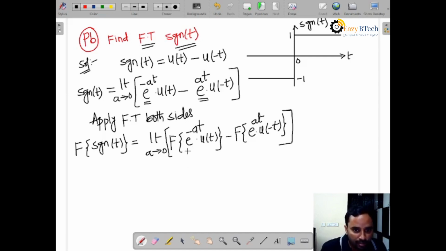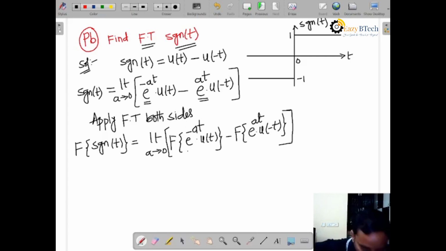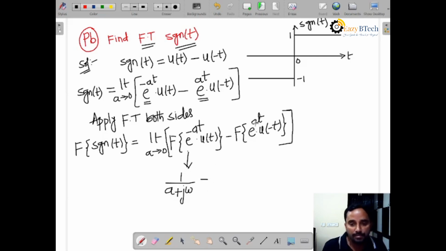So already we know this, in the previous session we have done it. What is the Fourier transform of e power minus at u of t? 1 by a plus j omega. Minus, what is the Fourier transform of e power at u of minus t? 1 by a minus j omega.